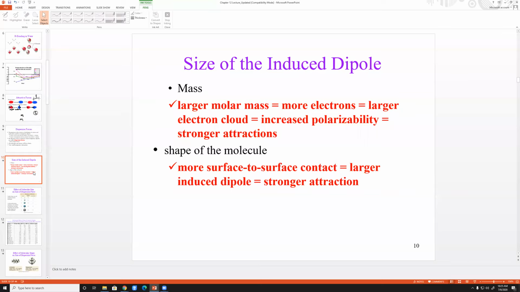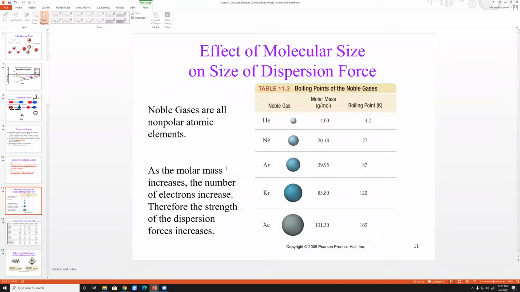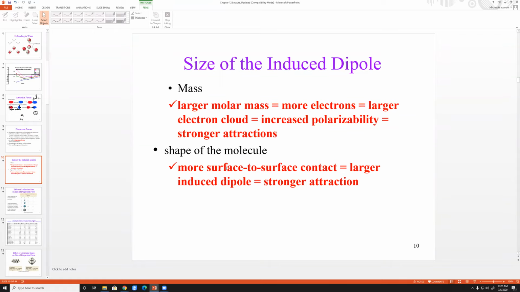And if you have more intricate shapes, that leads to more interactions. So basically, the larger the molecule is and the stronger the intermolecular forces it has, the higher the boiling point. That makes sense because, what is boiling point?